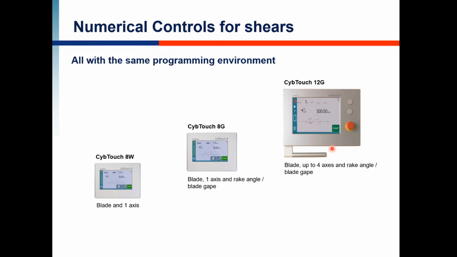And Cybelec 12 will do the same as the 8G, but it has more input output and can manage 2 front or back gauges. We'll talk about Cybelec shear in the same presentation as the Cybelec for press brake in 2 weeks as well.